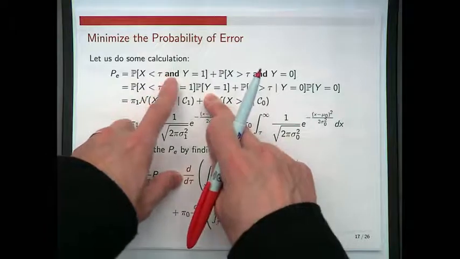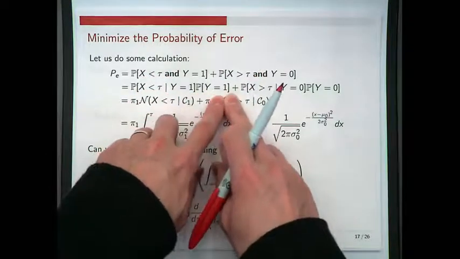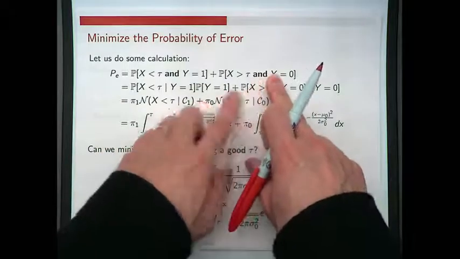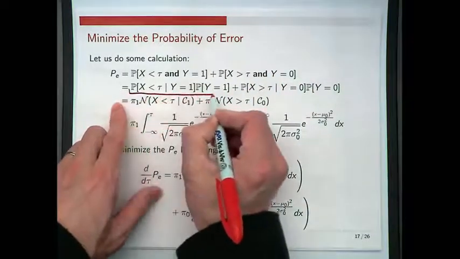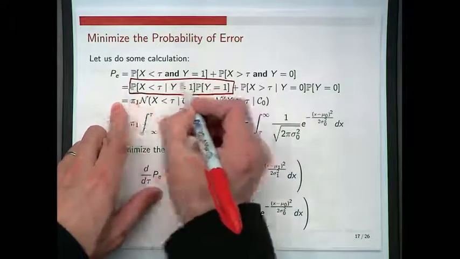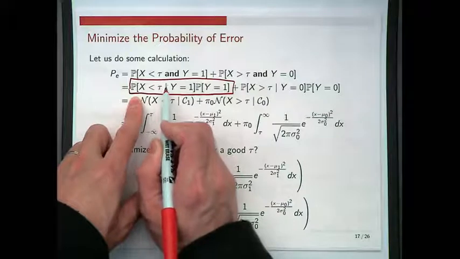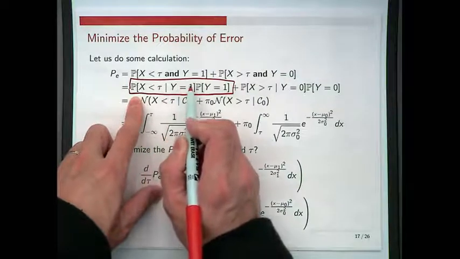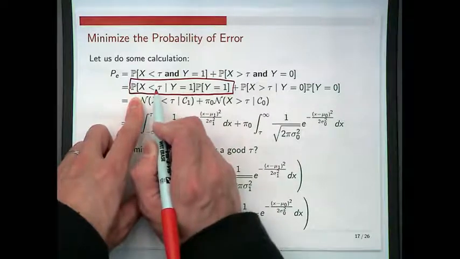So the intersection can be translated to conditional times prior. Same for this case. Now, when you look at this quantity, there are two terms. The first term is a conditional probability: given class is 1, what is the probability that your observation will be less than tau?